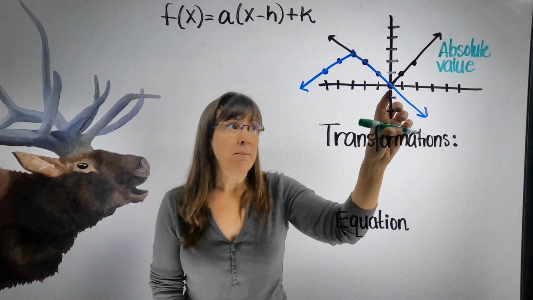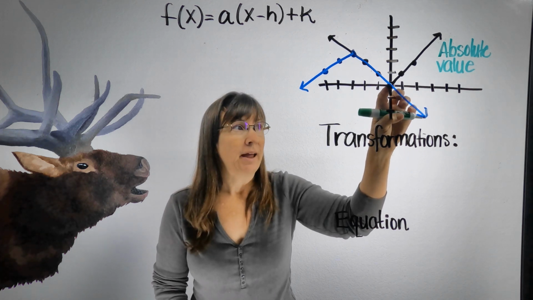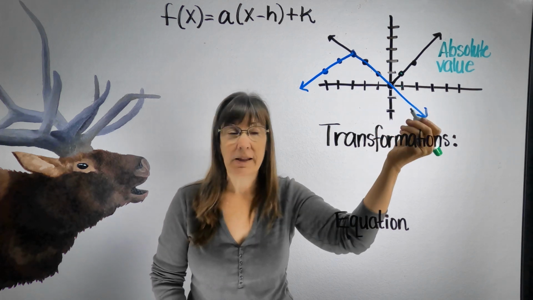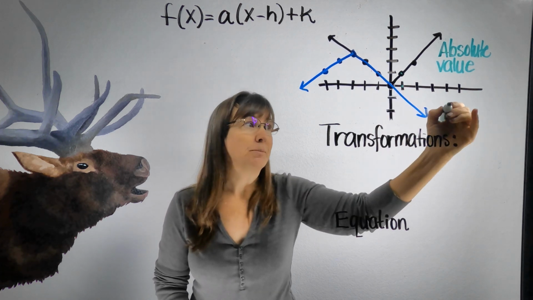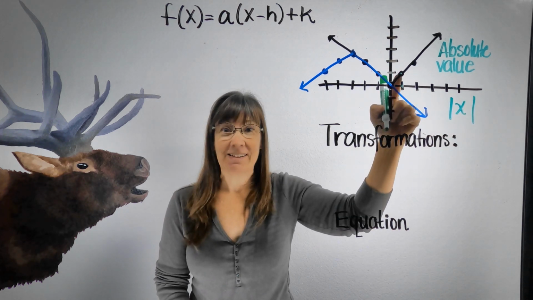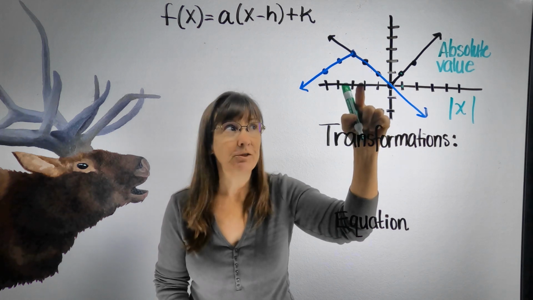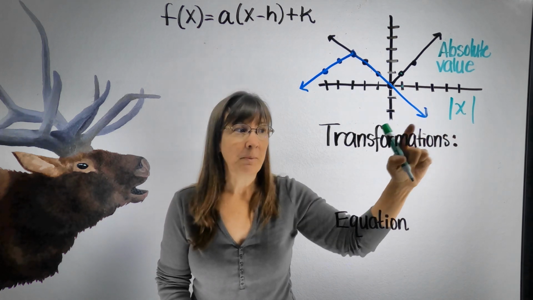I can tell it's my parent because its vertex is at 0, 0, and I see when I go out 1, up 1, it's a 1-to-1 relationship. In other words, if I have an input of 1 into my absolute value function, my output would be 1 because the absolute value of 1 is 1. The absolute value of negative 2 is positive 2. So this is the parent function.